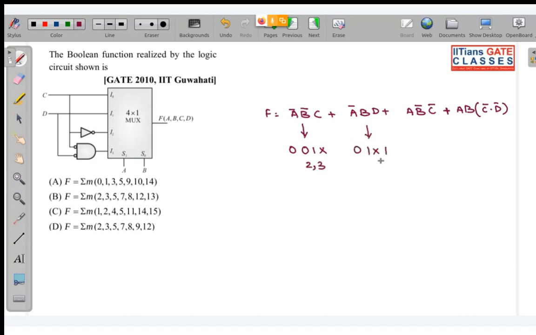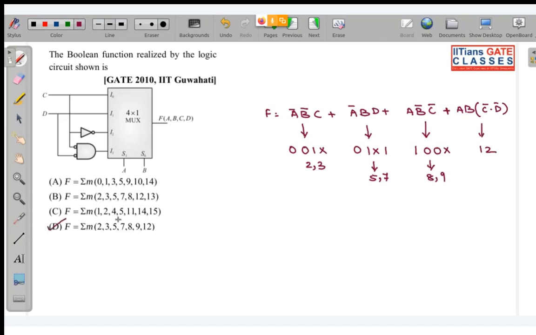So either this corresponds to 5, this corresponds to 7. This will be what? 1, 0, 0 cross. So either this will be 8 or this will be 9. And this is fixed. This is what? This is 12. So 2, 3, 5, 7, 8, 9, 12.